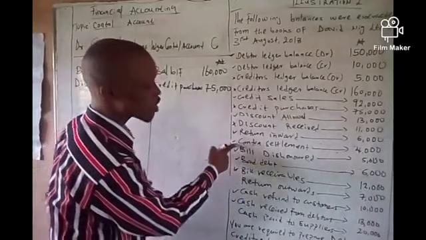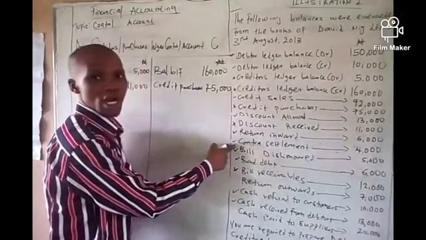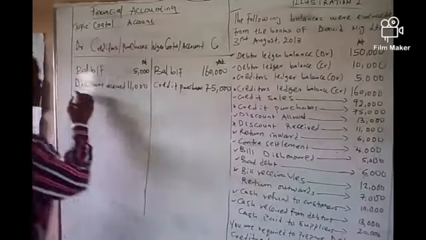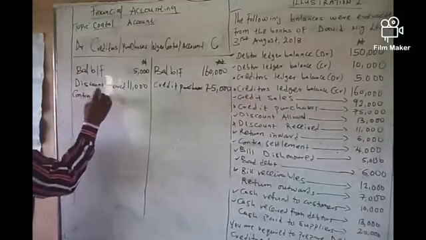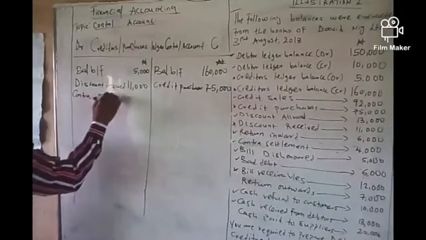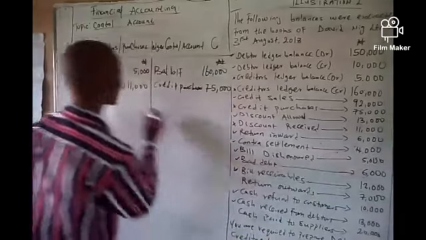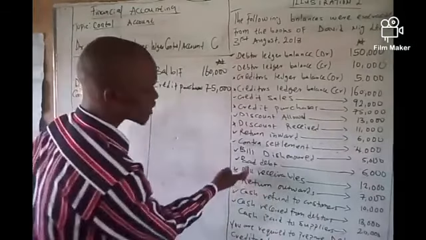We have contra entry. I've explained that before. Contra entry will be debited to this account. Contra entry is also known as contra settlement. We have 4,000 naira. You bring down your 4,000 naira. Now you move to the next transaction.